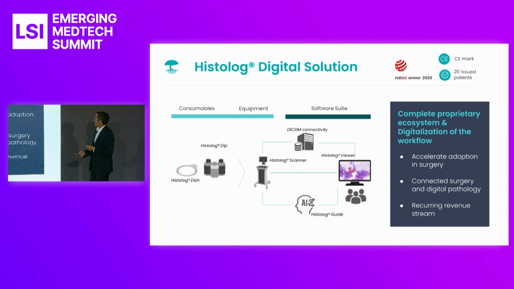So what is really the product about, besides the scanner? Well, there is a scanner, which is a piece of capital equipment. It's imaging, as you've seen. We have consumables, a dish and a dip, that are proprietary, but also a digital solution. And the digital solution allows, for one, remote connectivity. So a pathologist or an image reviewer can take control of the console, which is in the operating room, from a distance.